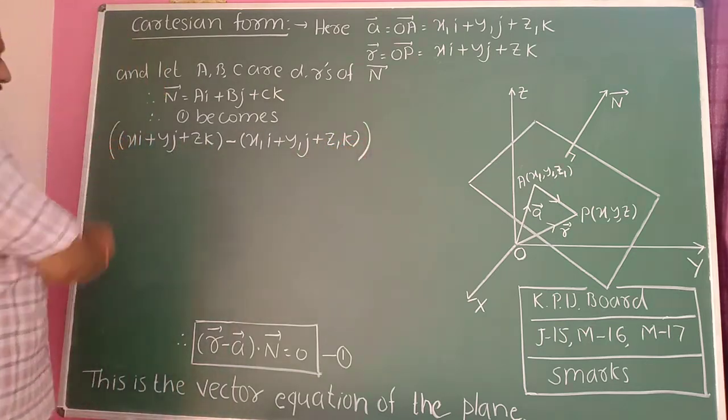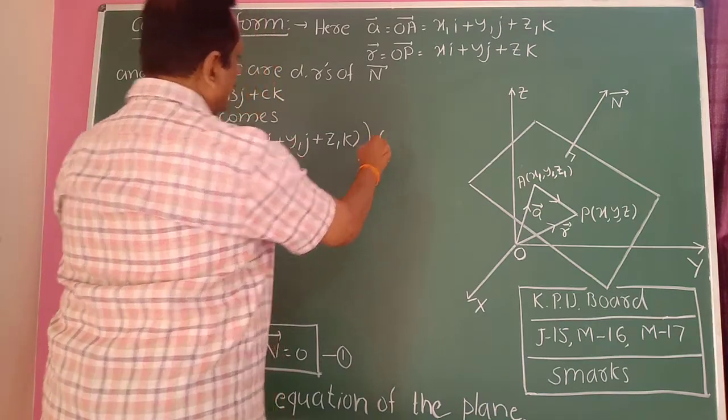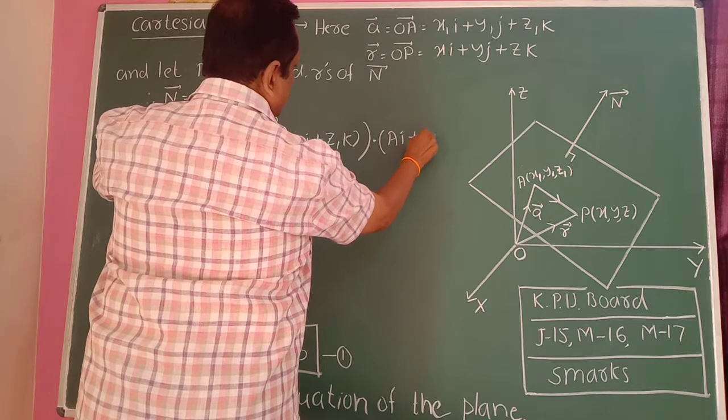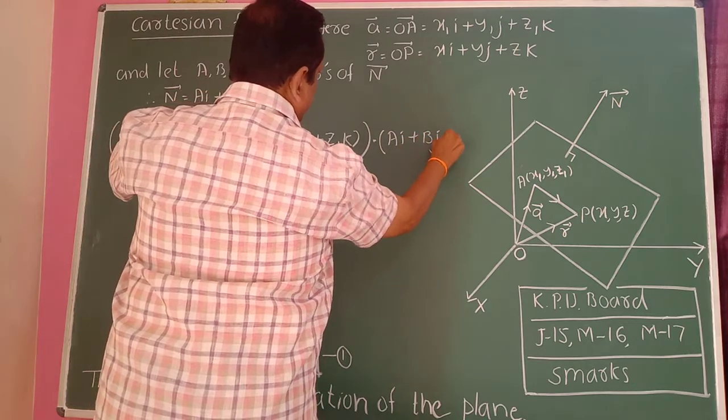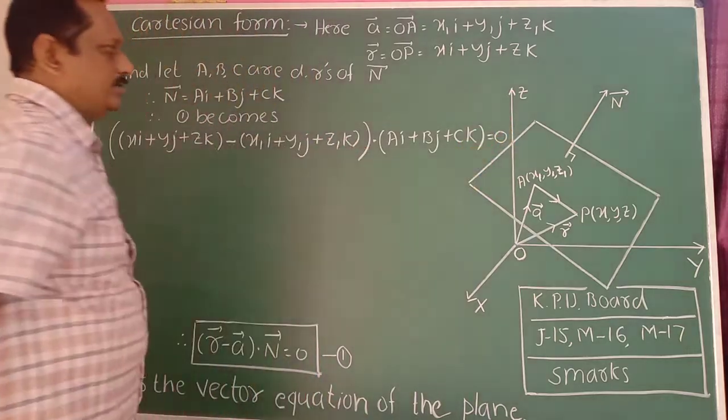Bracket complete. Dot product with n bar, which is this vector, a i plus b j plus c k, that is equal to 0.